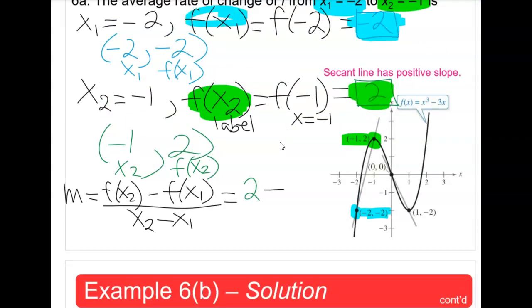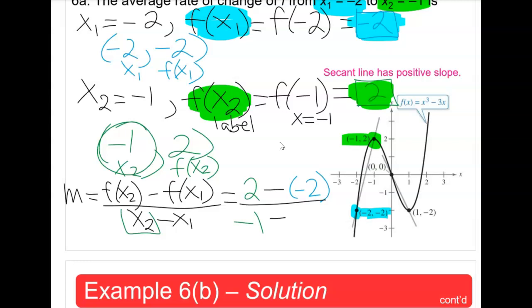It's a -2. Then we divide by the x sub 2 number, which is -1, oh sorry, minus the value for x sub 1 right here. So that's -2 as well.